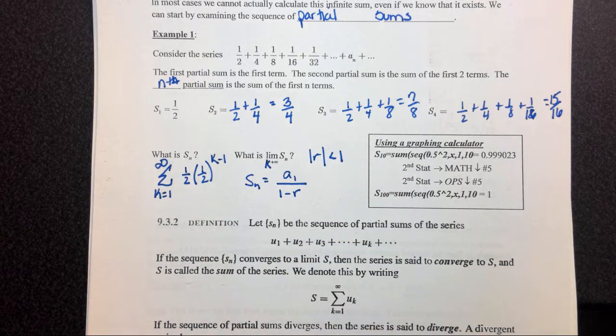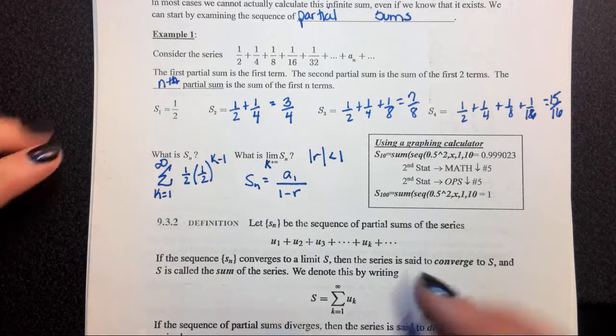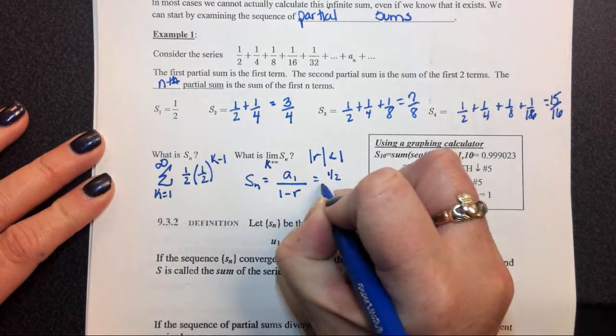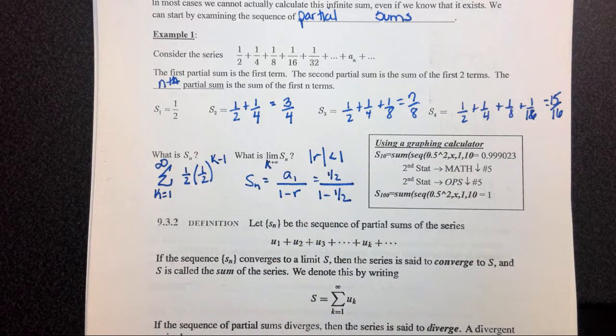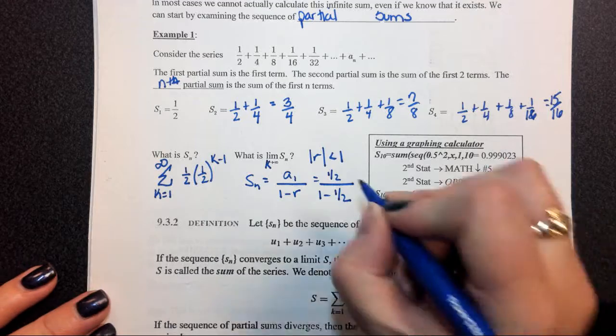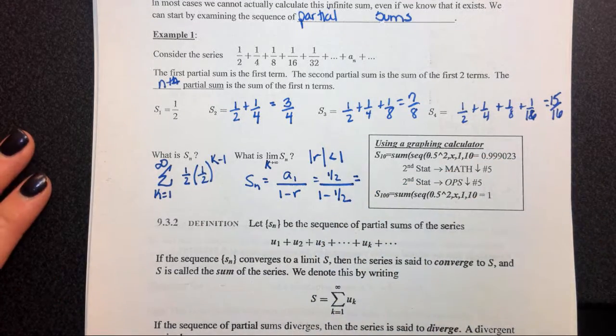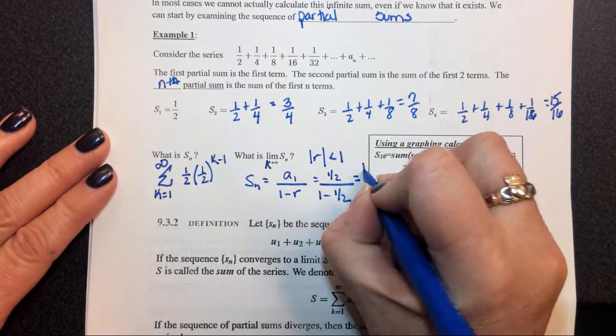So as k is getting really, really large, I want to know what this sum is approaching. I want to calculate what the sum of this particular infinite series is going to be. Well, my first term is a half divided by 1 minus 1 half. So what is this limit as k approaches infinity approaching? It's approaching 1.